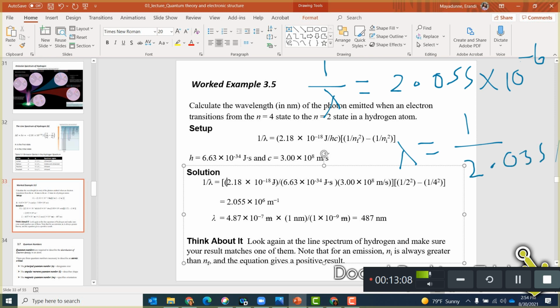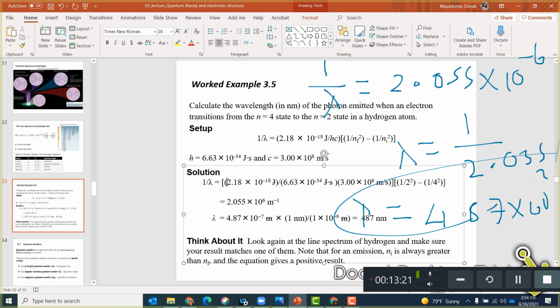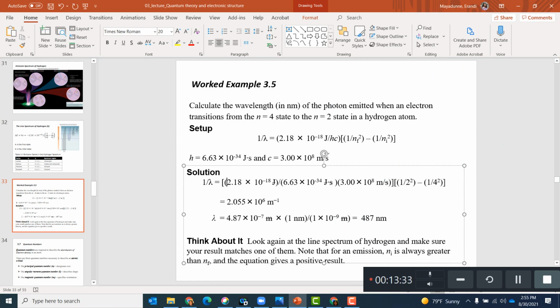When you do it, you get lambda equals 4.87 times 10 to the power negative 7, and you get the answer in meters. In order to convert to nanometers, you multiply by 10 to the power 9, and this is the answer you are getting here.